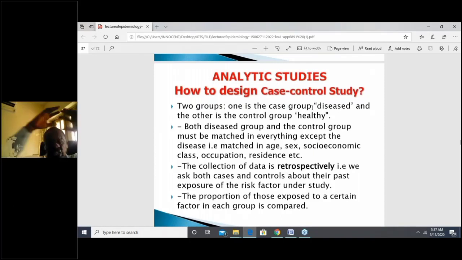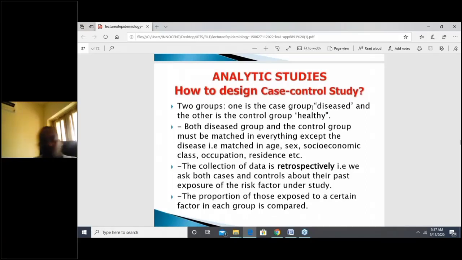So when you take those details, getting data from the group, then you are now going to get data from the healthy group. You are also going to ask them the same question, retrospective question. Okay, so the proportion of those exposed to a studied factor in each group is going to be compared.